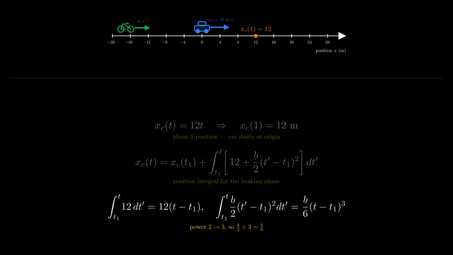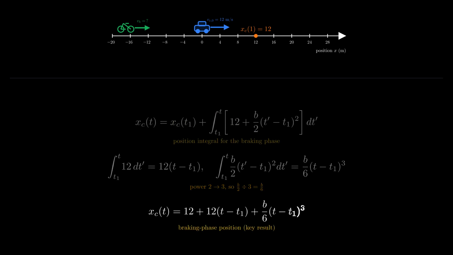The power goes from 2 to 3, and dividing by 3 converts b over 2 into b over 6. The complete braking phase position is x sub c of t equals 12 plus 12 times the quantity t minus t1 plus b over 6 times the quantity t minus t1 cubed.